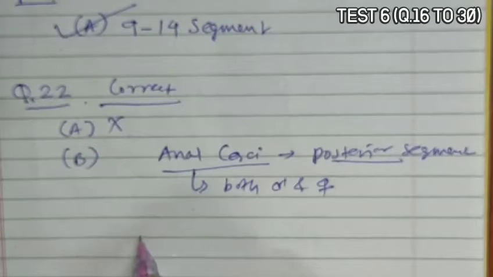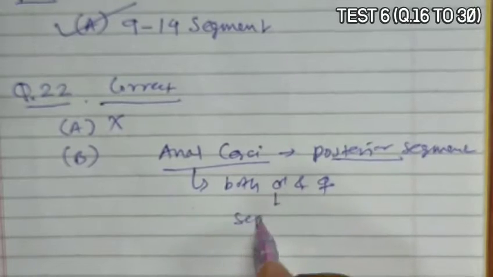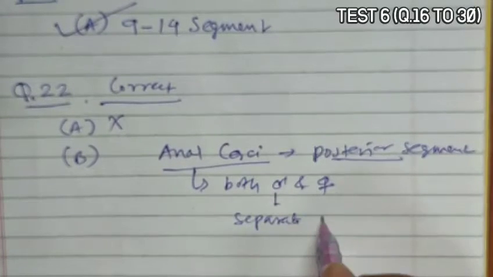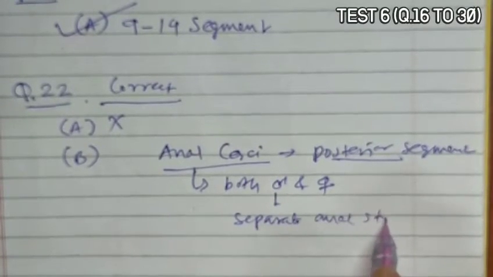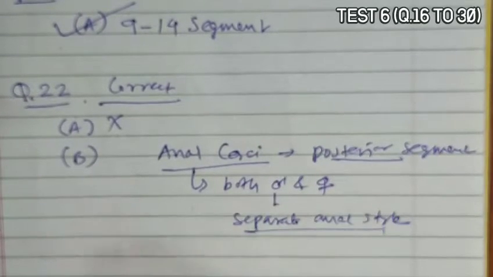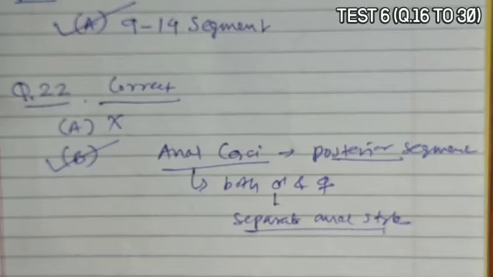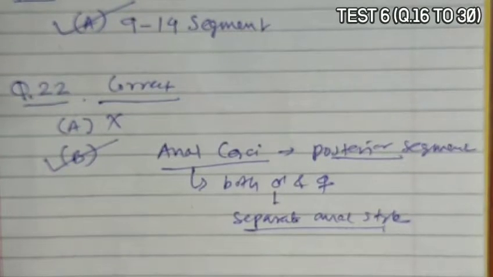But male cockroach can be distinguished from female by the presence of an extra pair of accessory appendages named anal styles. Males have separate anal styles, used during copulation. So option B is the correct statement of the given ones.